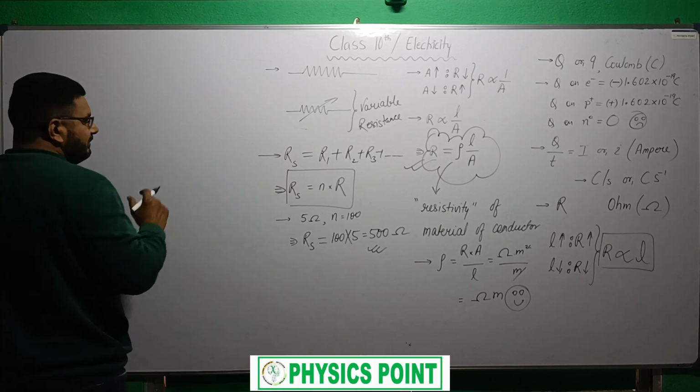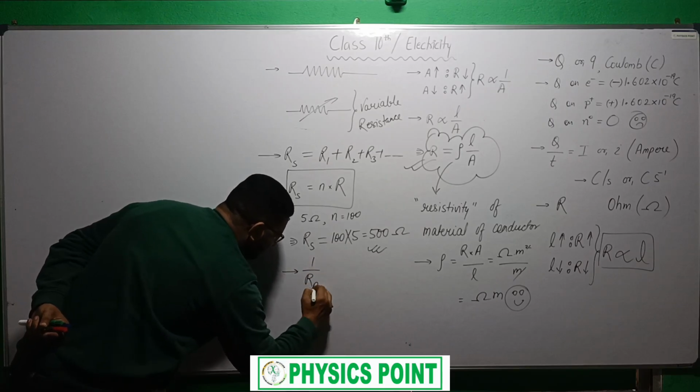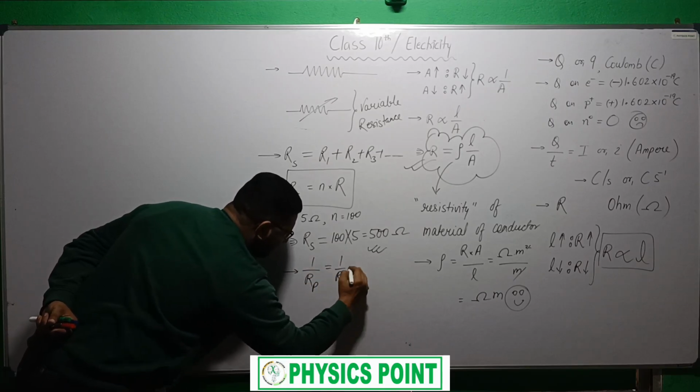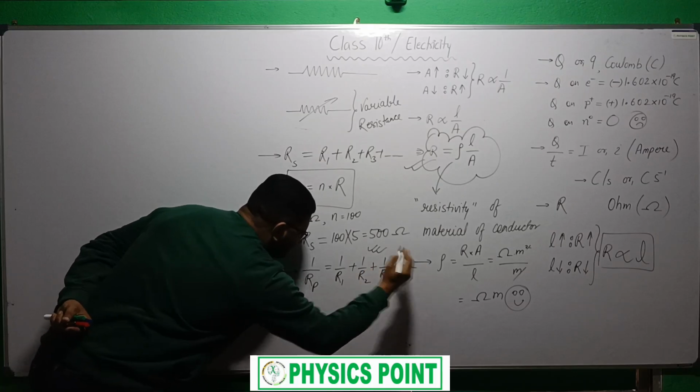Another combination is parallel combination, for which the formula is 1 by Rp equals 1 by R1 plus 1 by R2 plus 1 by R3 and so on.